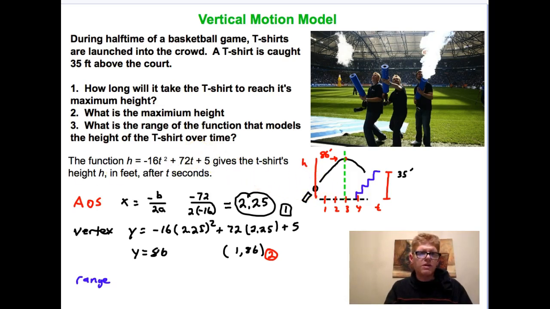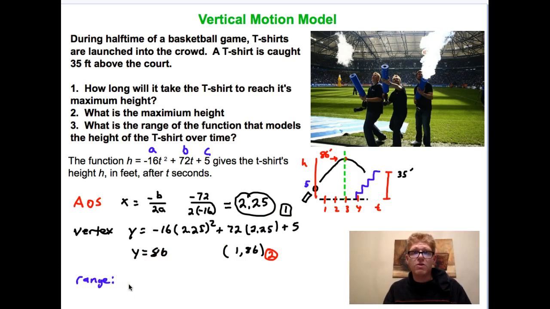Well, here's an interesting little fact. This last C component right here, this last C piece of my quadratic in standard form, the C is the y-intercept. So in this case, the C value of 5 is telling you the height at which that t-shirt is launched. So it's launched from 5 feet, and then it's going up into the arc, and it's being caught at 35 feet. So what are the possible y values that it can have?